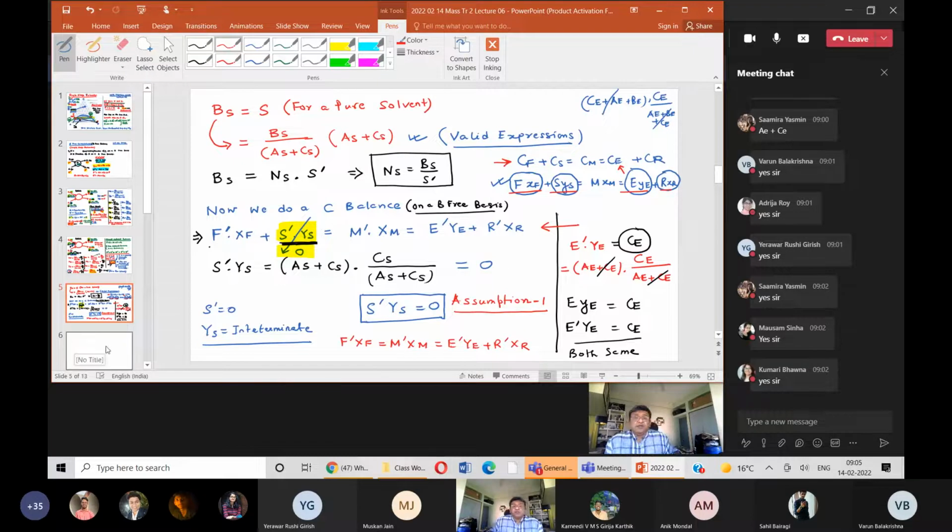Or we look into, so is it clear? I know there will be objections, there will be raised eyebrows, but is it clear? And therefore, I have been very defensive. I am telling the class this is assumption 1. Is it clear? We now look more into, so these are all backup stuff.